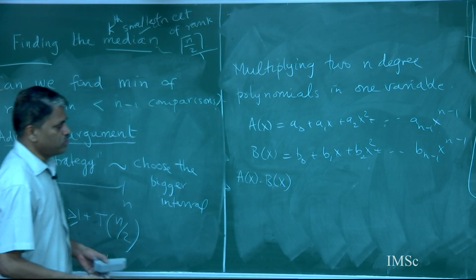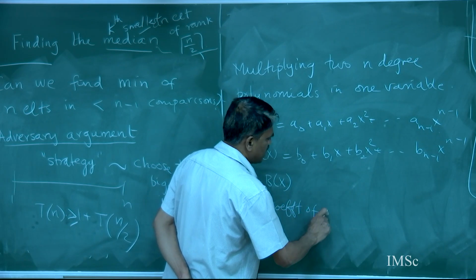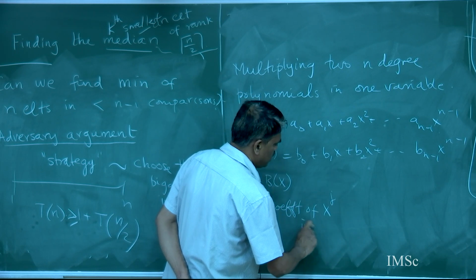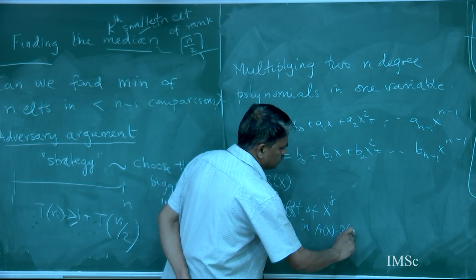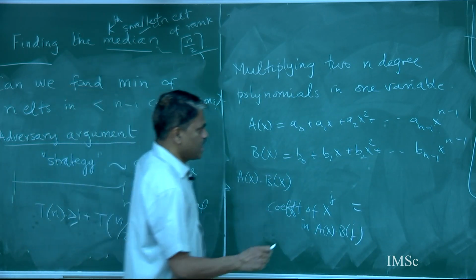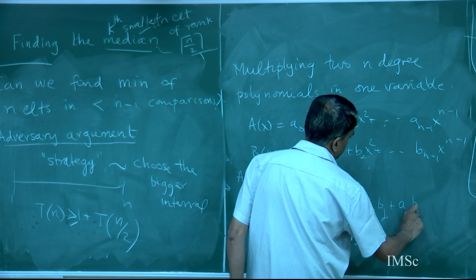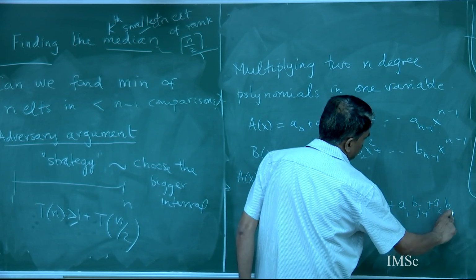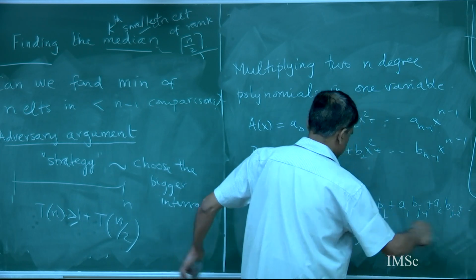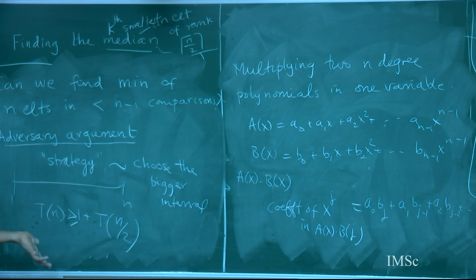And if I want to find the coefficient of, let's say, x^j in the product, how do I get x^j? a0 bj plus a1 b(j-1) plus a2 b(j-2) and so on. Something like j terms. So some j terms I have to multiply to get my j plus 1 terms. Okay. So totally, if I want to compute every coefficient, how much time will it take?